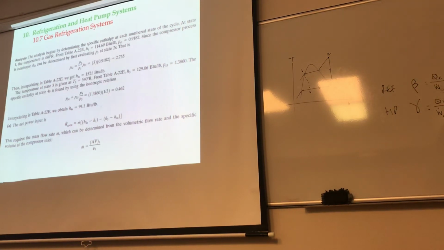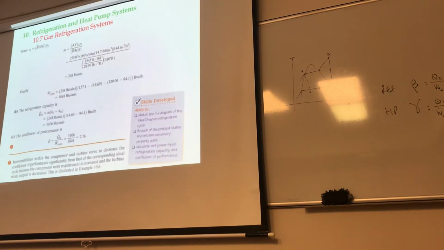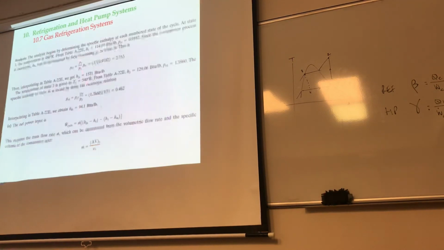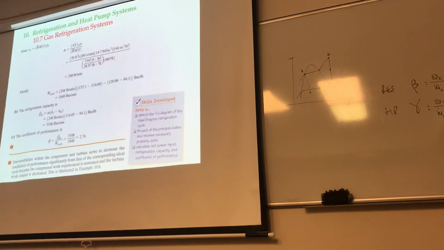So the net power is the work on the compressor minus the work on the turbine, which kind of gives you this. And then mass flow rate is AV over v. AV is given, but v is not given, so you always have to make use of the ideal gas law in those events. And so we found the work is 1848 BTU per minute.